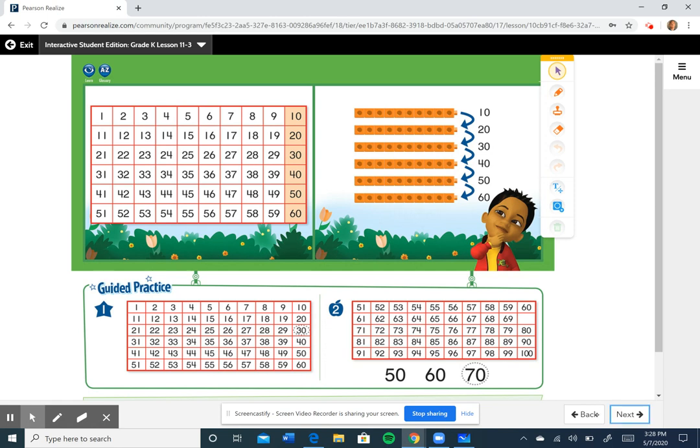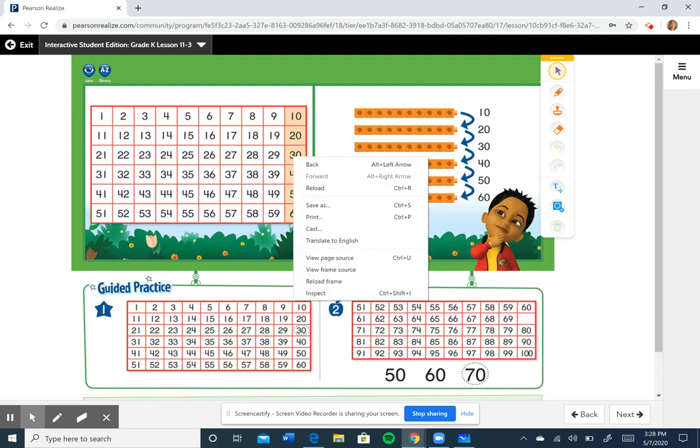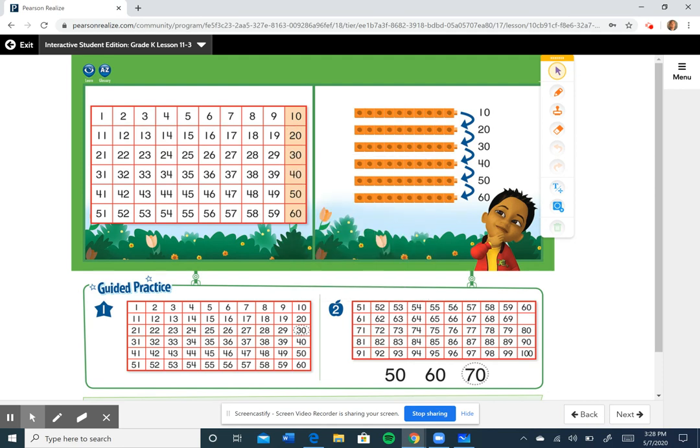So when we're counting by tens, we go down the column. So let's count to 60 by tens. Ready? 10, 20, 30, 40, 50, 60. Very good.